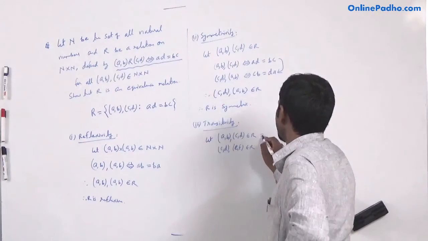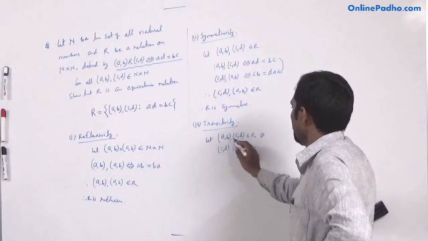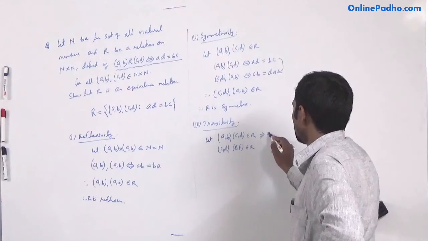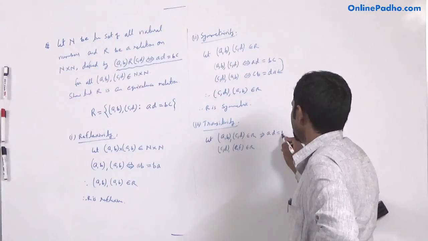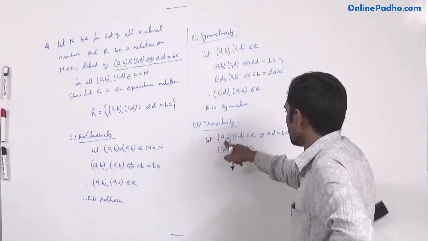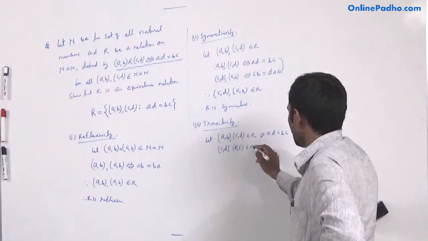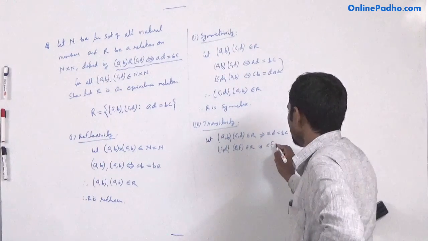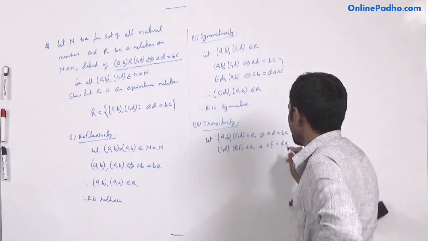If (A,B),(C,D) belong to the relation, then AD is equal to BC: first multiply last equal to second multiply third. And (C,D),(E,F) means CF is equal to DE.